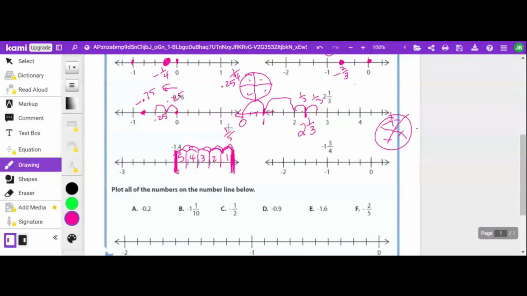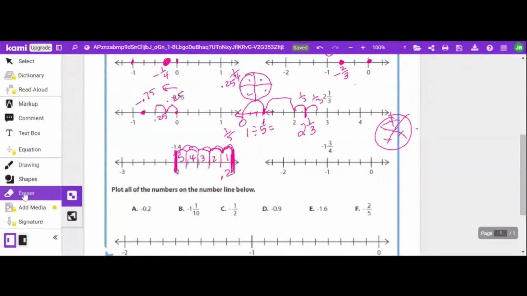Careful. Remember to change a fraction into a decimal, you take the number on the top and you divide it by the number on the bottom. So punch that in your calculator. 1 divided by 5. There we go. Each chunk would be 0.2.